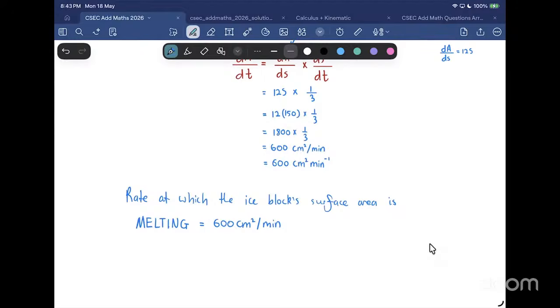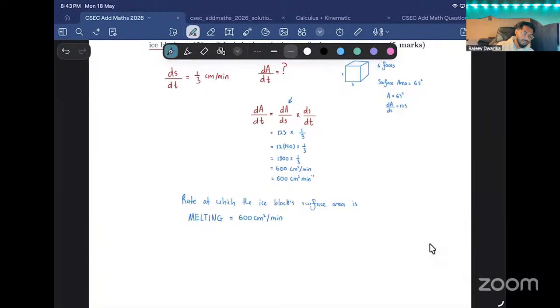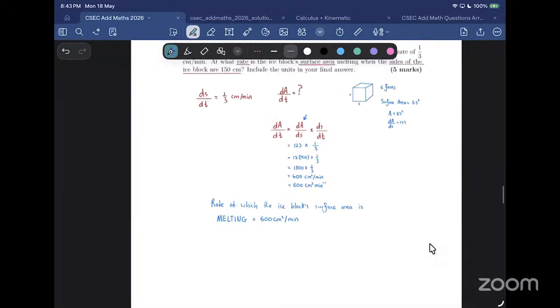Definitely losing hair. I don't wish that on myself. But you understand that by me saying melting, it's implied that it is losing area. I don't need to say negative 600 centimeters squared per minute because it's implied.